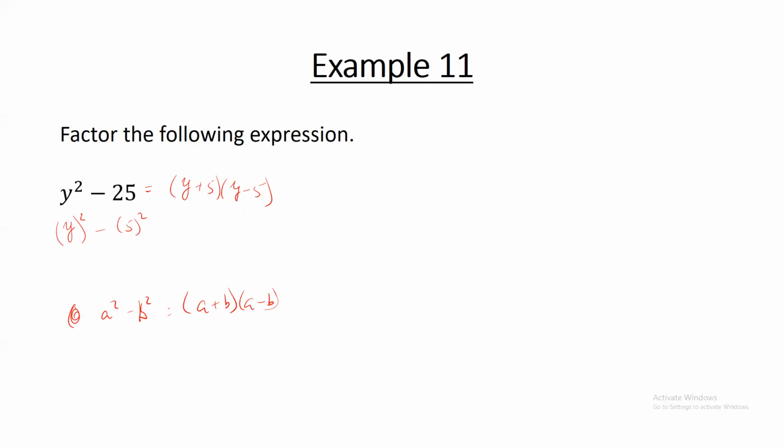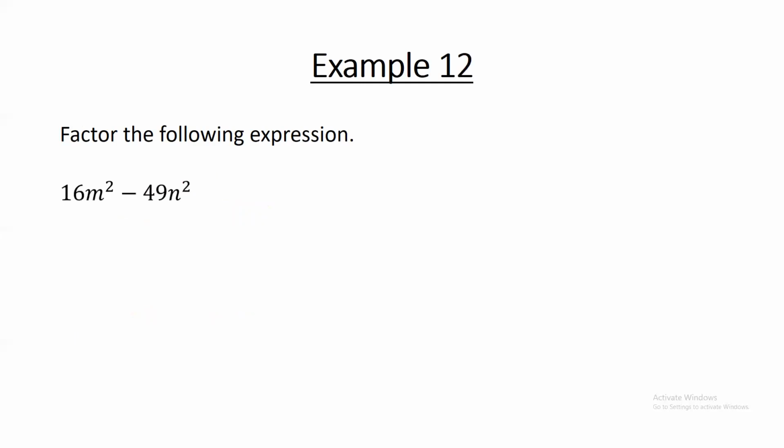Let's do one more example. 16m² - 49n². Again, these are two perfect squares because 16m² is (4m) raised to the second power, while 49n² is (7n) raised to the second power, right?